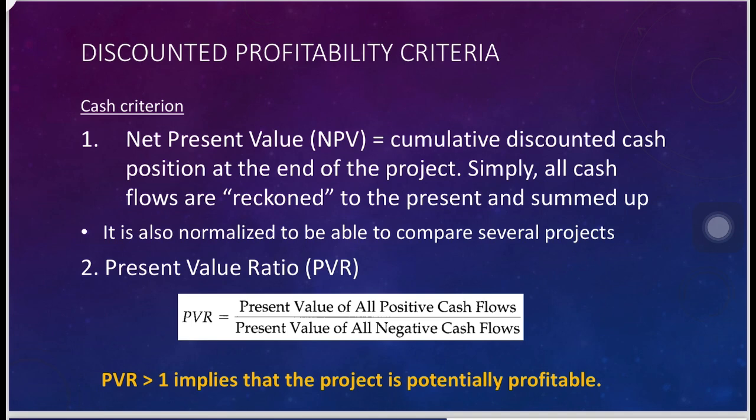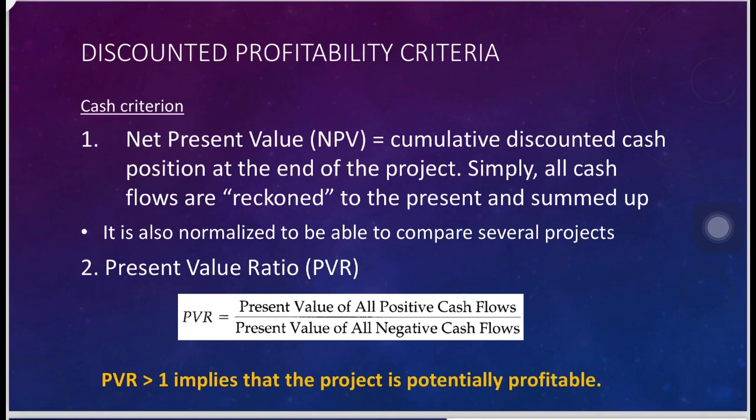Then at year 12, when your project ends, you have to bring the value of that year back to the present. So it's like the CCP, or the cumulative cash position, and you have to bring that back to the present value, or year 0.